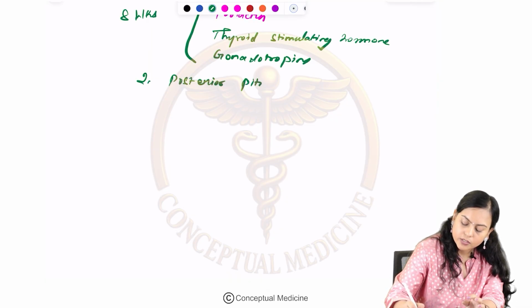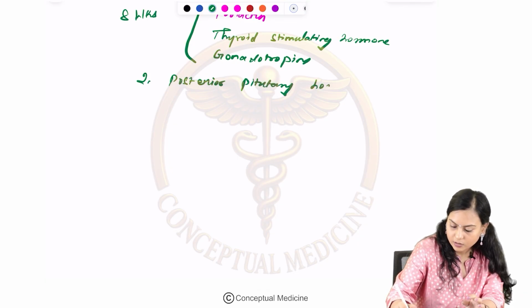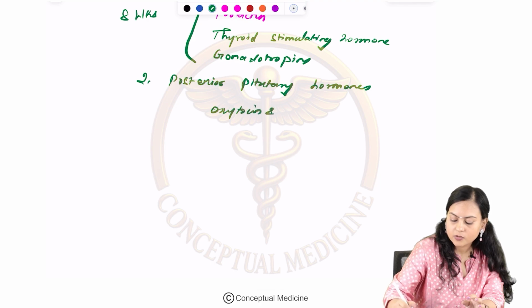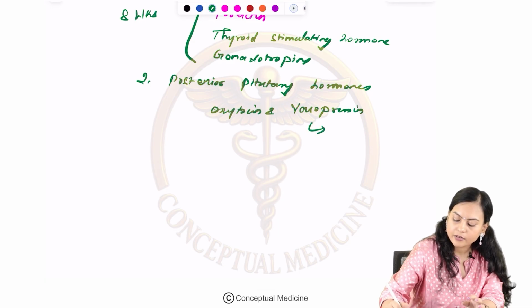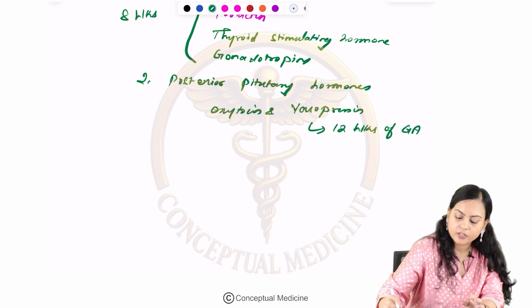Posterior pituitary hormones like oxytocin and vasopressin are secreted from 12 weeks of gestational age.